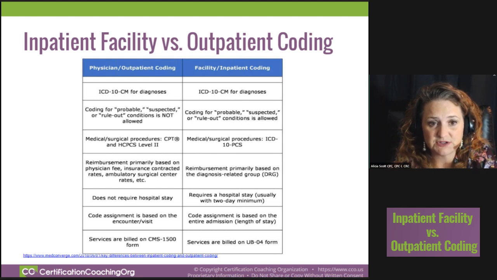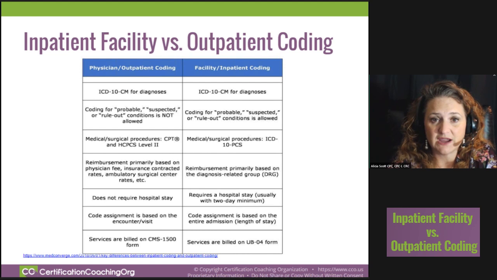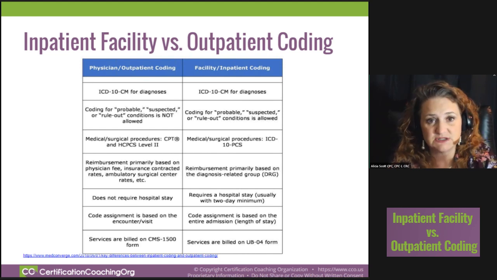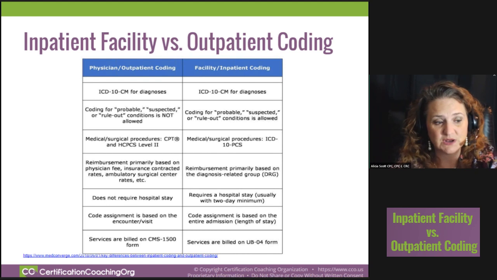Your careers are different. Inpatient coders tend to get paid a little bit more than outpatient coders, but they also tend to hire for inpatient people who have coded for a little bit longer because the documentation is much more extensive. It's not just one encounter at a time.